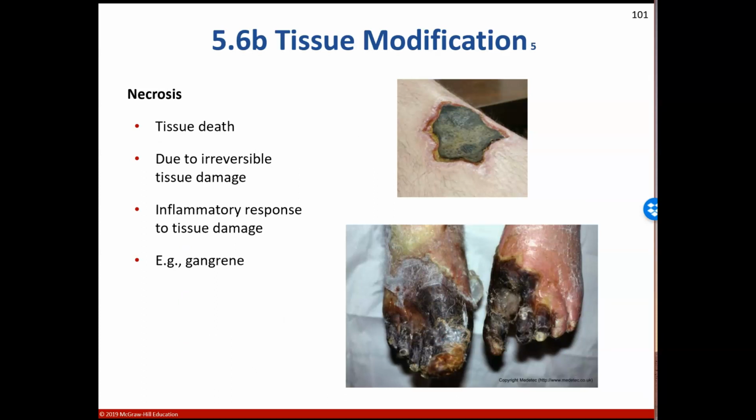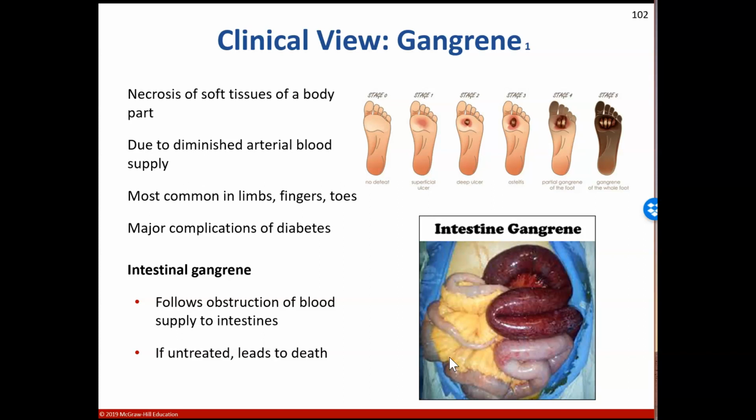Now for necrosis. This is tissue death, and it is irreversible. It is our inflammatory response to any type of tissue damage, and we are going to discuss gangrene as an example of this. So our necrosis of soft tissues within our body is what is happening in gangrene, and it's due to a lack of arterial blood supply, meaning this tissue is not receiving oxygen.